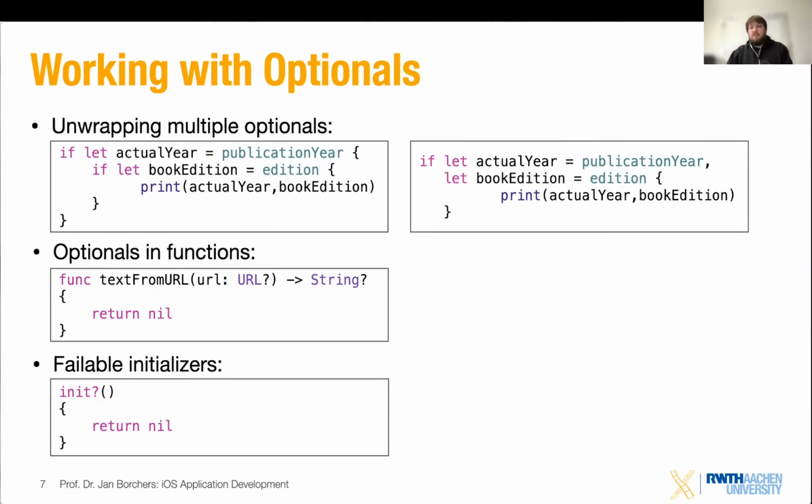So why is that helpful? Think of the example I used in the beginning, that there is something where I'm not sure that I can set it to a specific value, for example the publication year, because I'm not sure a book actually will have a publication year.